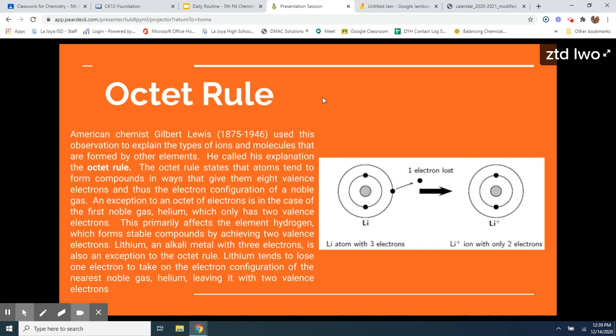So hydrogen and helium follow what's known as the duet rule. If you're listening to a duet song, how many people are singing it? You got 2, right? So remember, for the duet rule for hydrogen and helium, you're talking not about 2 singers, but 2 electrons, okay?